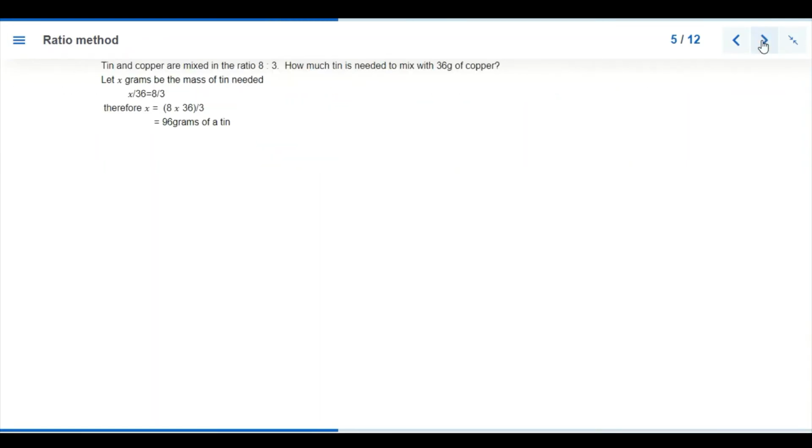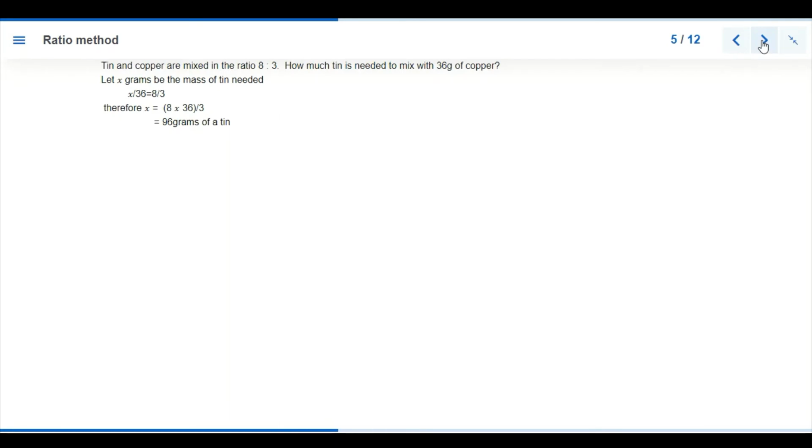Now for the ratio method, we have this here. Tin and copper are mixed in the ratio 8:3. How much tin is needed to mix with 36 grams of copper?